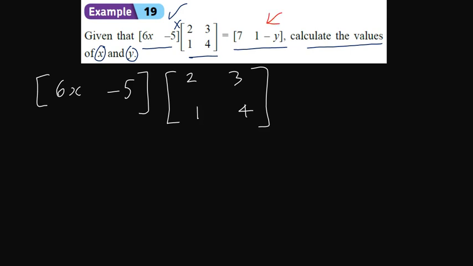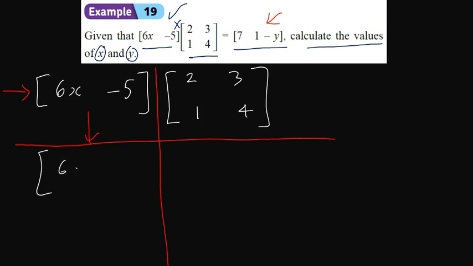But we do the multiplication first. We do this one first. What normally the teacher will do is make these two lines first, and then write this matrix back, (6x, negative 5).